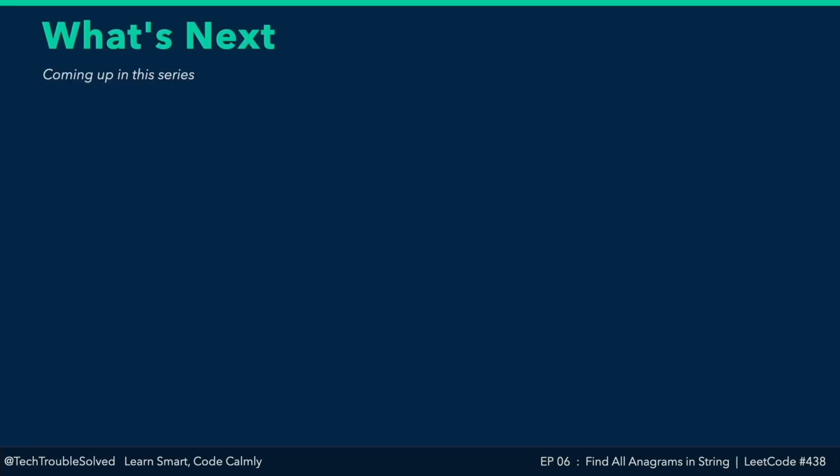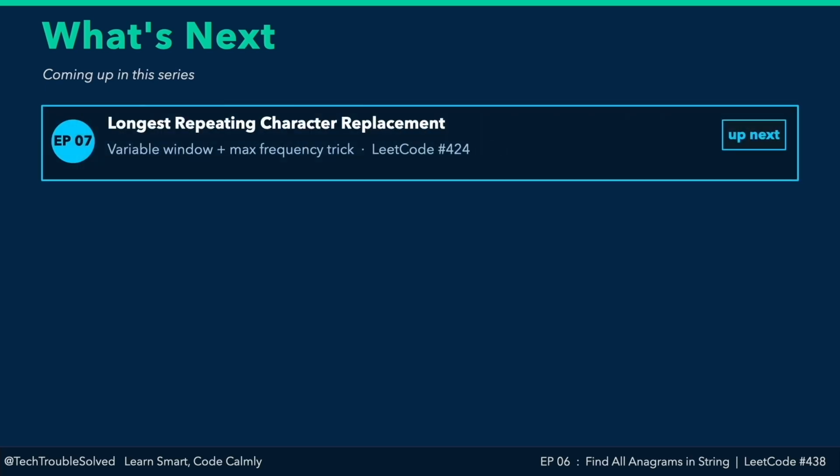Quick look at where we are headed. Episode 7, longest repeating character replacement, LeetCode 424. Variable window and a trick we have not seen yet. A max frequency constant that tells you when to shrink. That one is a step up. Episode 7 is the first time we use a variable window with a clever invariant. It's worth the wait.